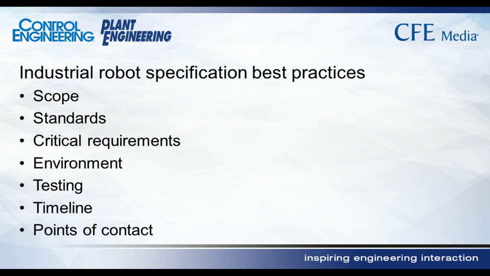Some of the things included in a robotic specification should be scope, standards internal to your company, critical requirements that are necessary for the cell to be successful, environmental concerns, testing of the cell, timeline, points of contact. This isn't an inclusive list, but definitely can be used as a point of reference.